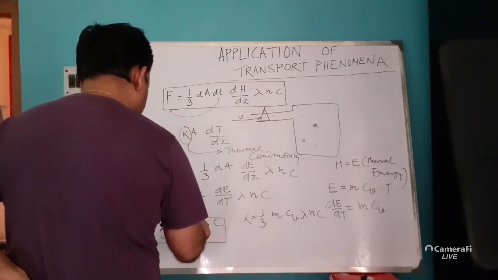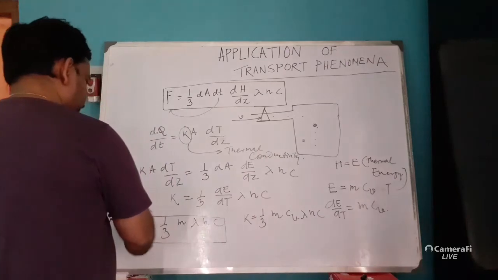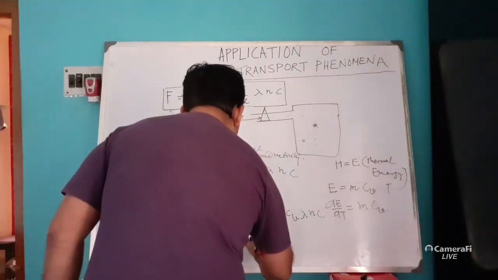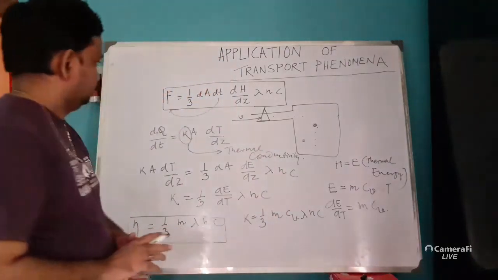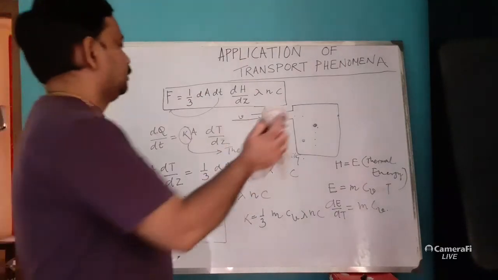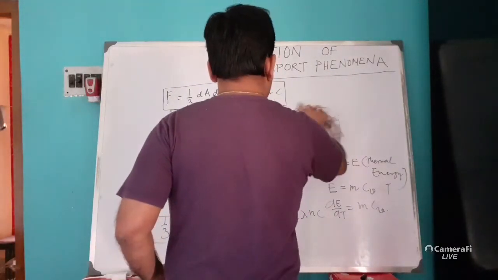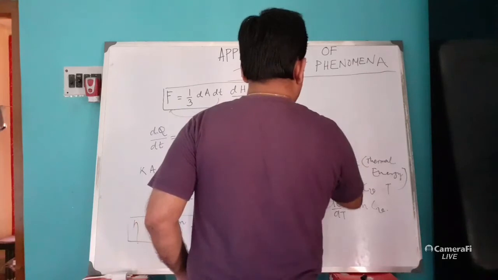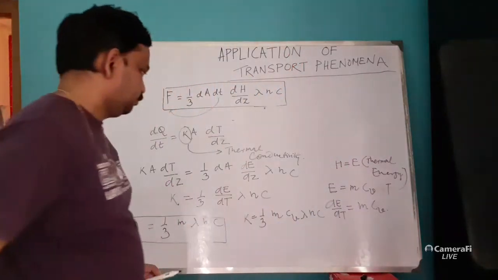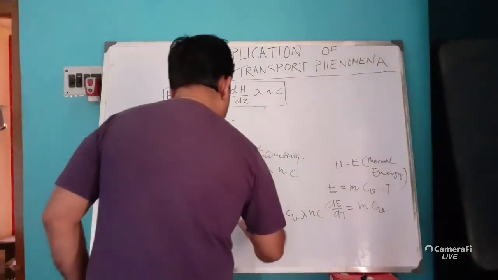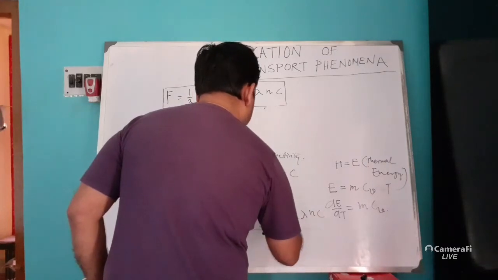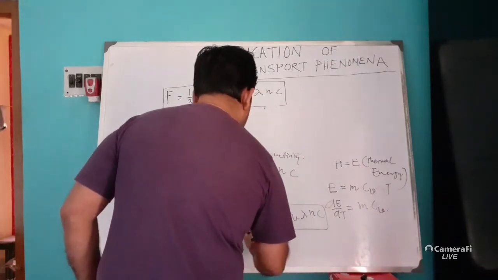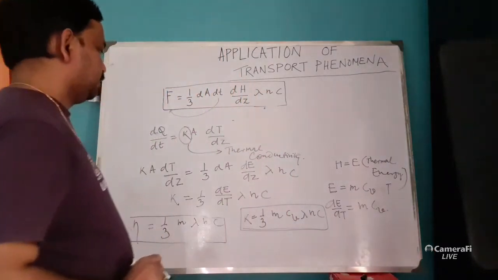If you just divide this K by eta, what do we have over here? We obtained this equation for the thermal conductivity using thermal energy.